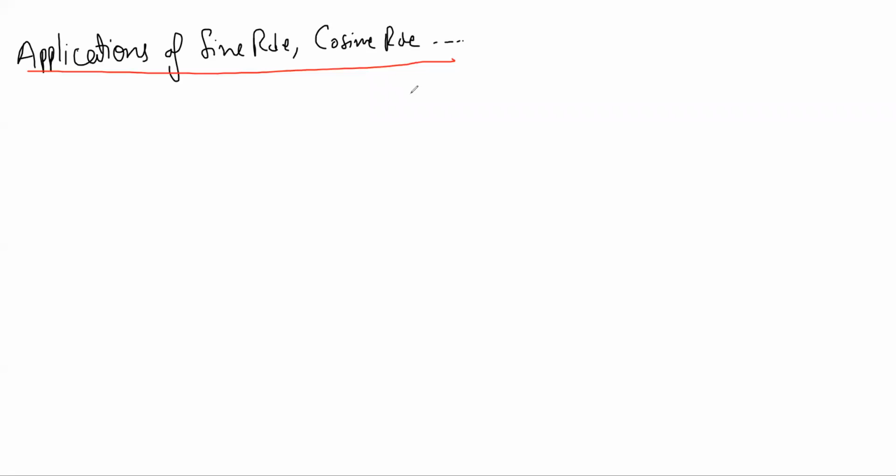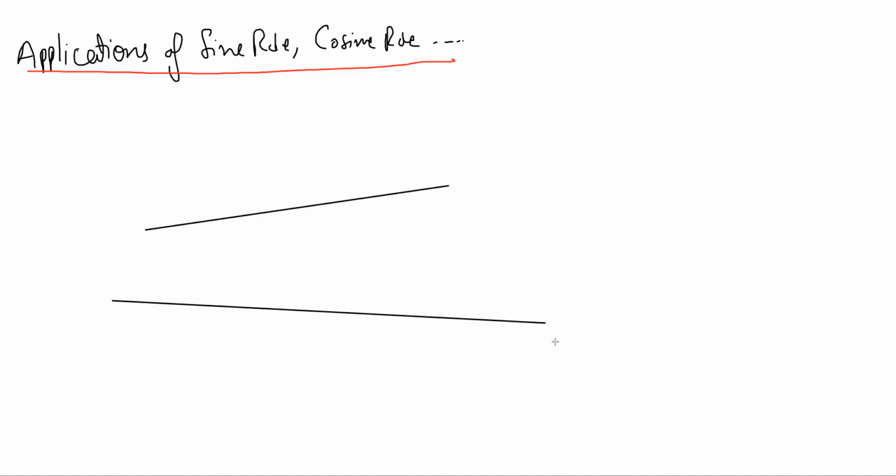Maybe we can build this one result, which is maybe like this. Suppose that you have two lines, just two lines drawn randomly.